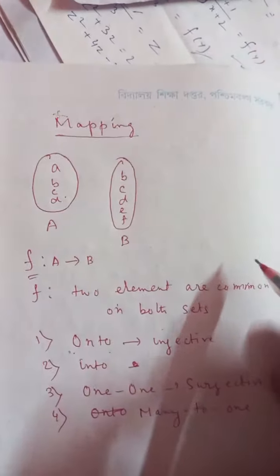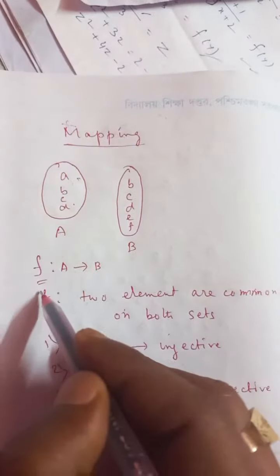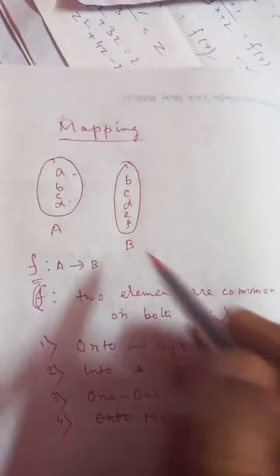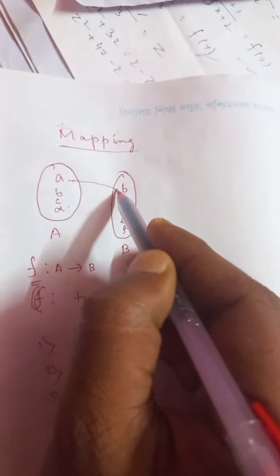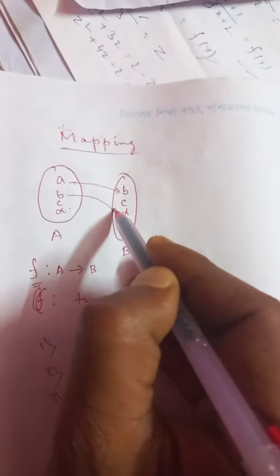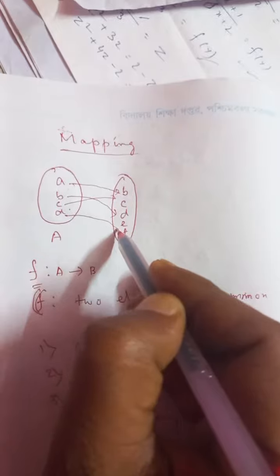Onto means that if from A to B we consider, for every element of A there is an element in set B. For B there is an element D. For C there is an element C, and for D there is an element F.